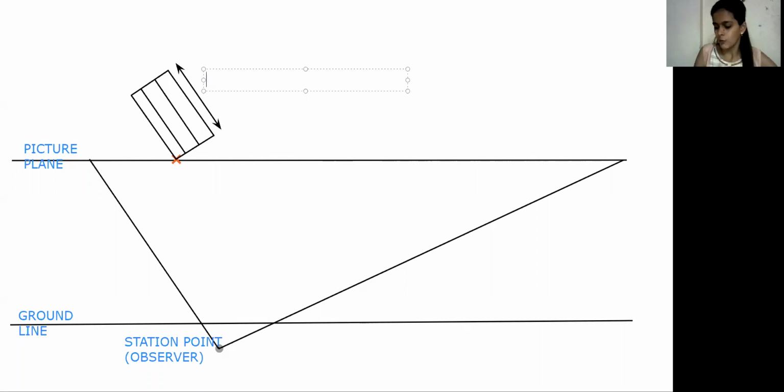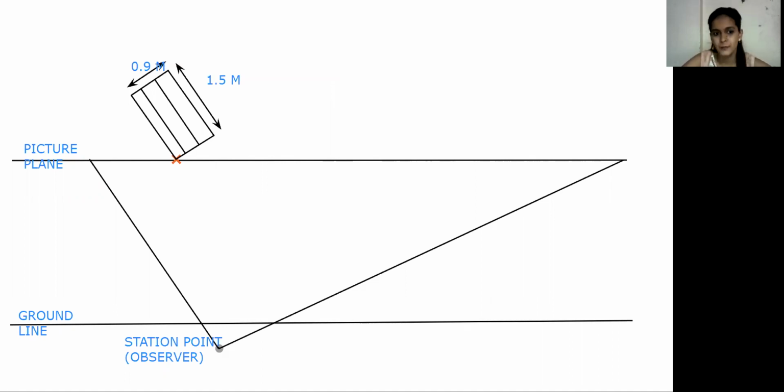So write 1.5 meter. On the other side, you can show 3 dimensions like 0.3 meter, 0.3 meter, 0.3 meter, or you can show the full dimension overall for the 3 steps, as I'm going to show: 3 into 0.3 means 0.9 meter. So here the plan is completed.